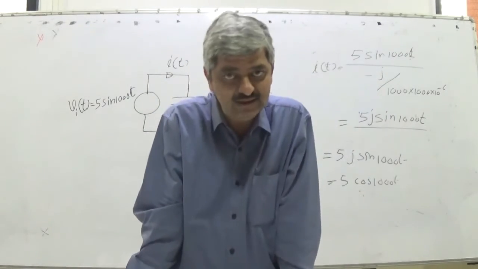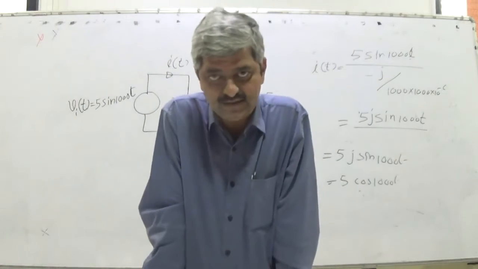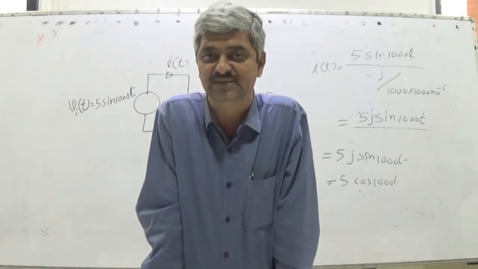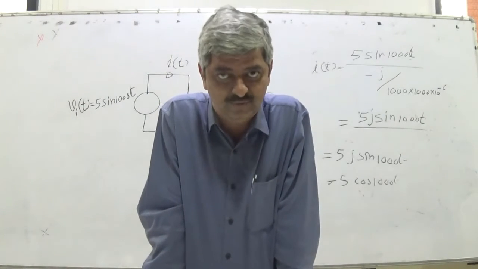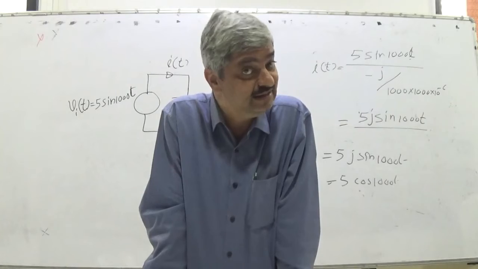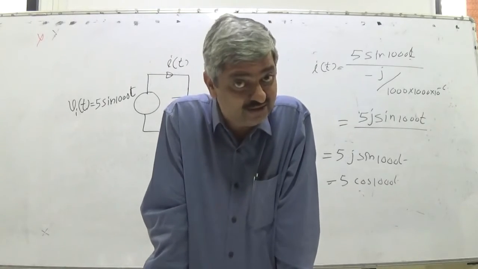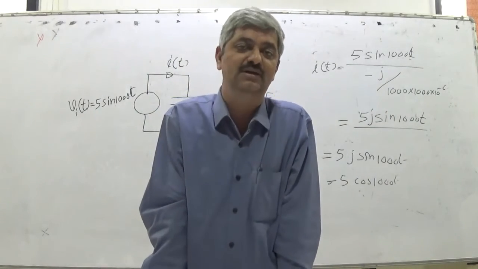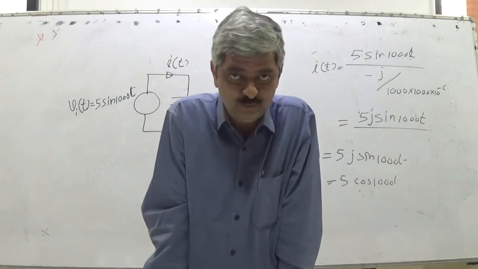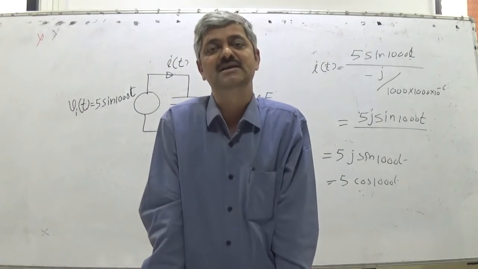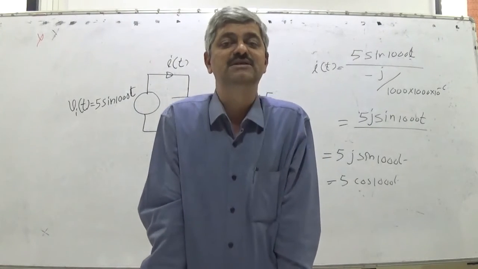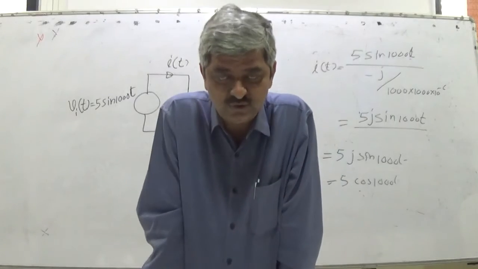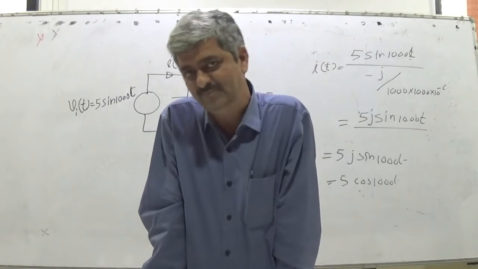Because power in inductor or capacitor itself is a sinusoid wave. In case of a resistor, it is sine square, so power is always dissipated in the resistor. Average power dissipated in the resistor is positive. Average power dissipated in capacitor and inductor is zero. So power is taken and given back.